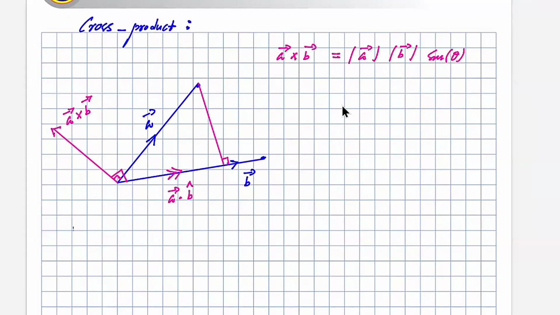What is theta? Theta is the angle between these two. Okay, my friend? All good? Now, this is what you know. My question: find the area of the previous triangle using cross product.